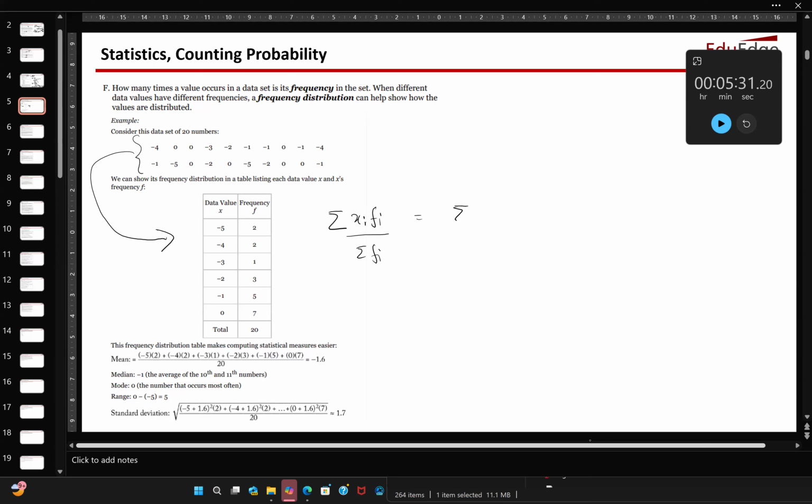Also given as xi into weight i, where weight is fi divided by capital F. This is capital F. And this is also called the weighted average, by the way.